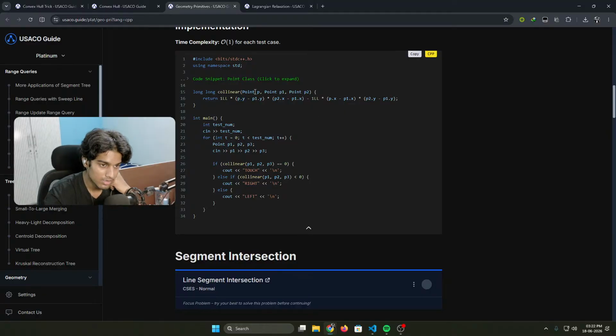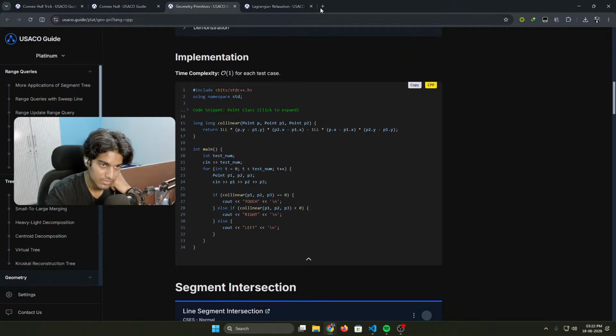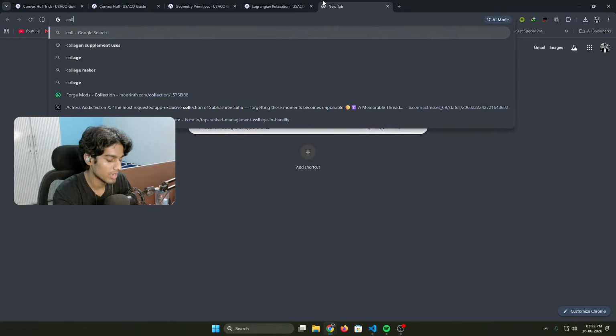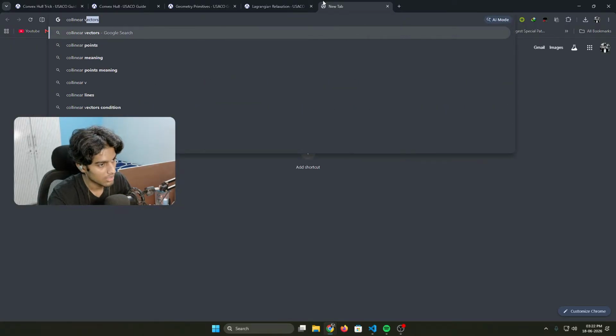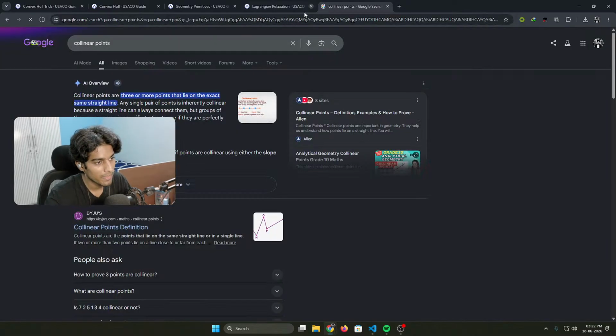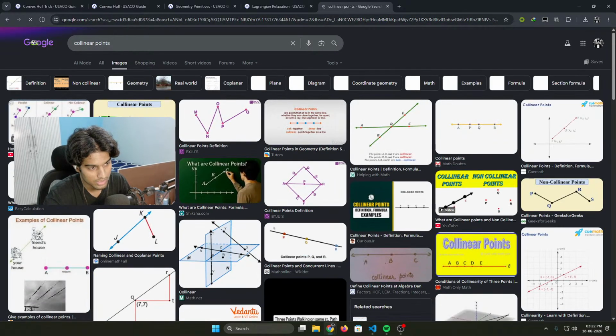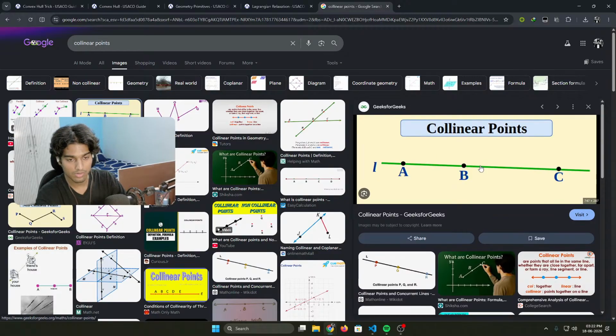What is this? So we have 3 points. If this minus this, and this minus this. Oh, collinear points, points that lie on the same straight line. Okay, these 3 points are cool. So what is going to be common?